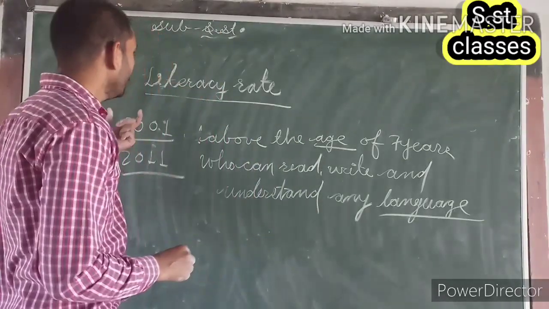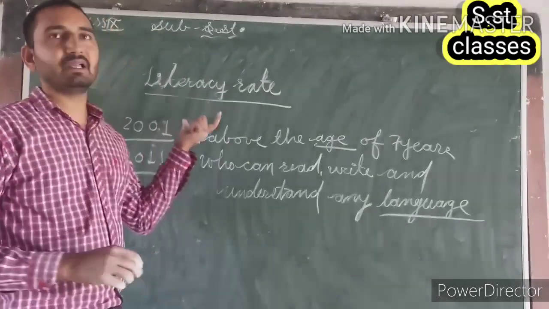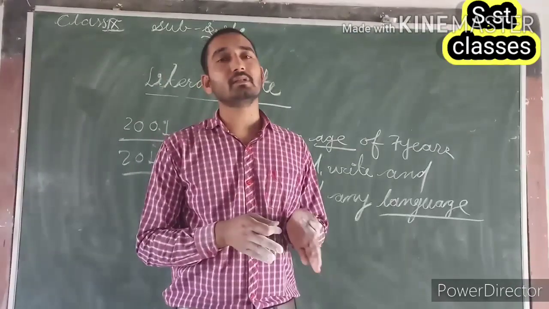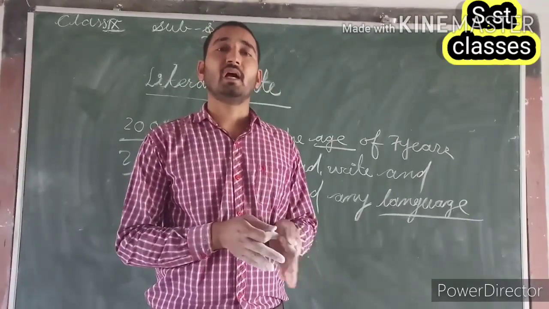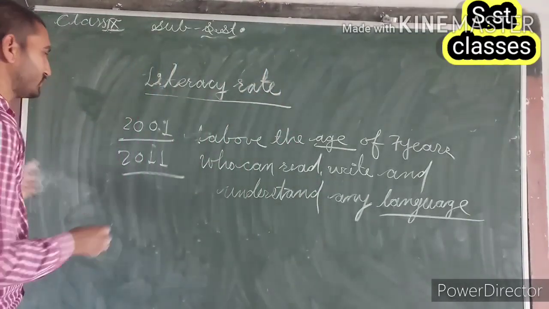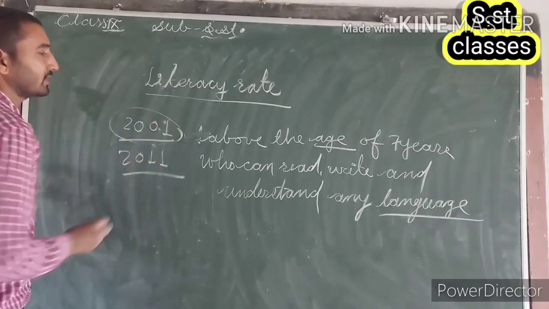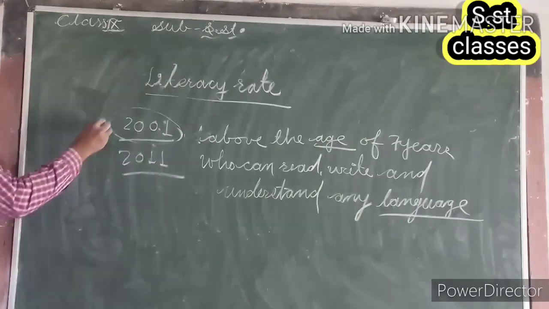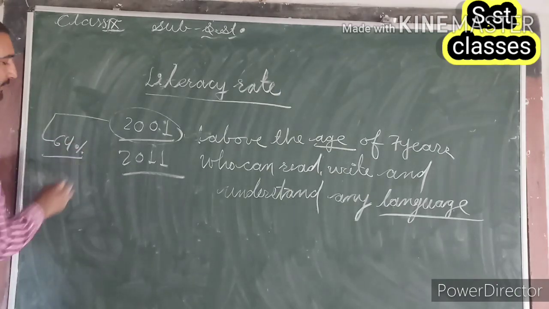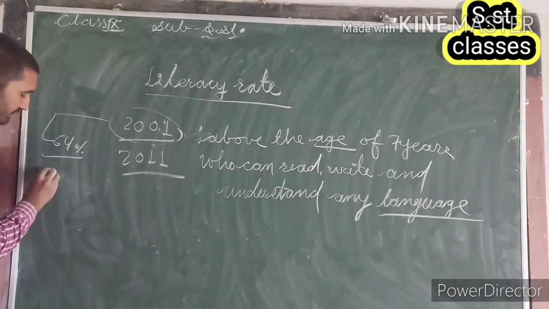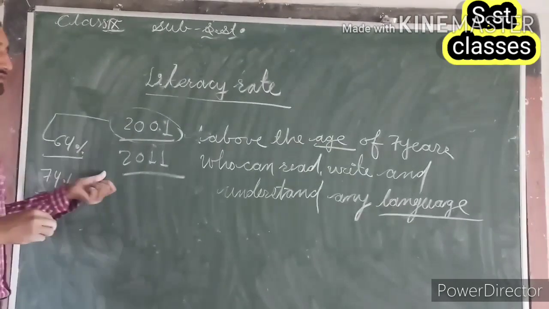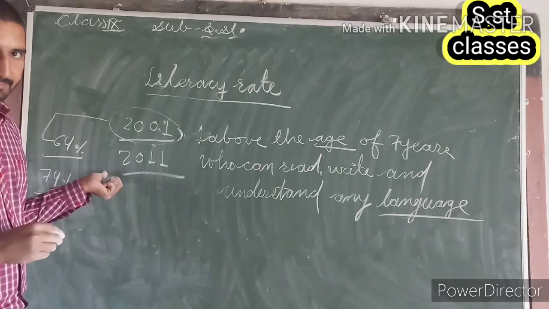Okay, so now what do we mean by literacy rate? Literacy rate means the percentage of literate persons in the country out of the total population. Now if we talk about the census data of 2001, then the total literacy rate of the country was nearby 64%, which increased to 74% in the census of 2011.